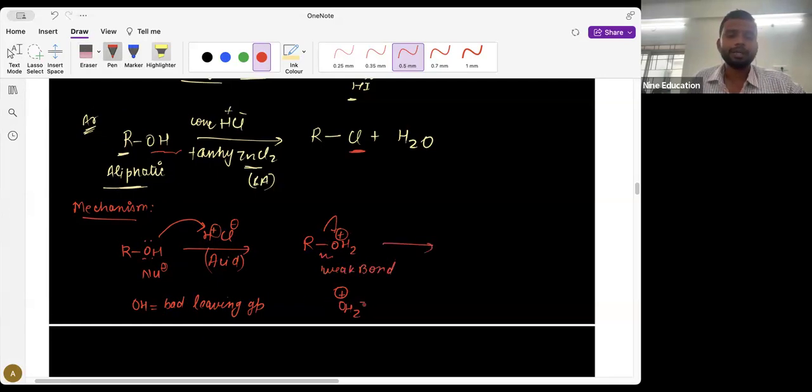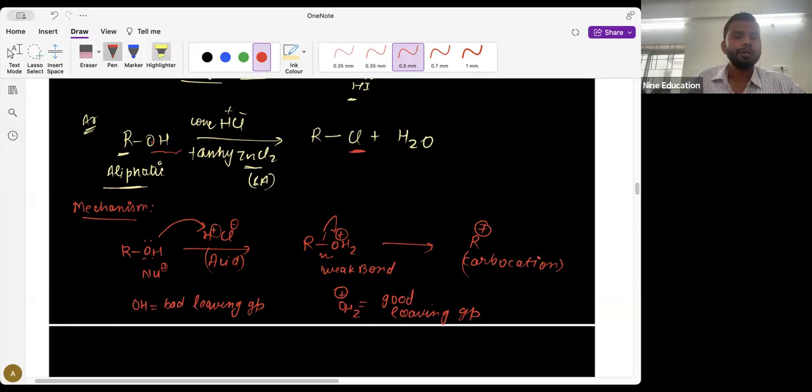And this only is known as from bad leaving group, it becomes good leaving group, and it will leave R. So R को छोड़ के चला गया आपने दोनों इलेक्ट्रॉन्स it has taken with it, तो R will become R positive. तो ये इसको क्या कहते हैं? कार्बोकैटायन. इसको कहते हैं कार्बोकैटायन.